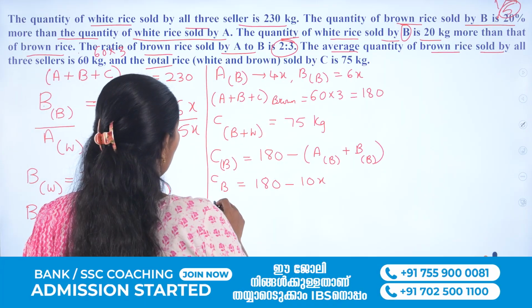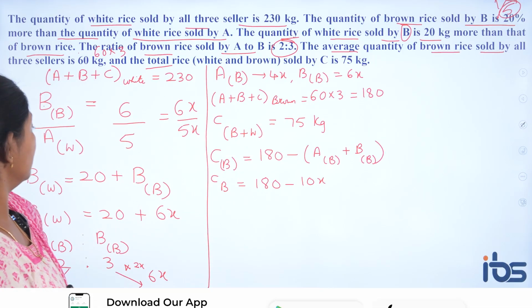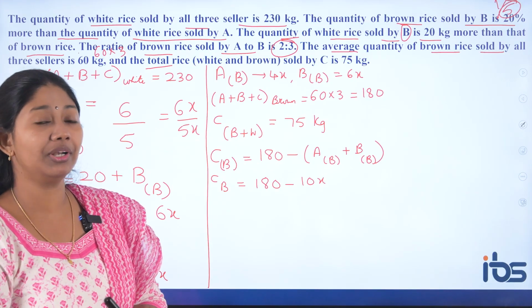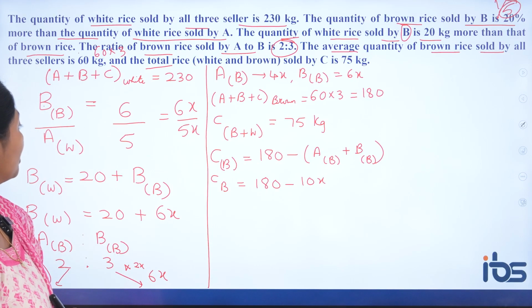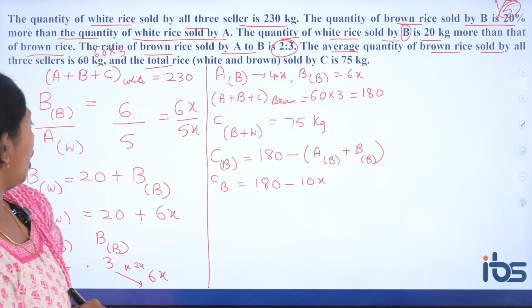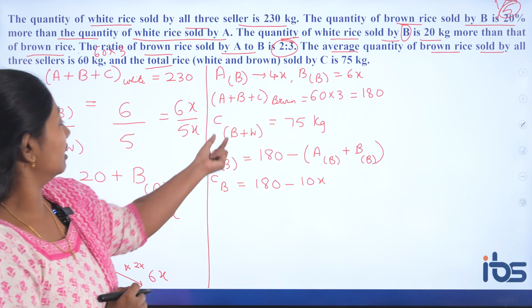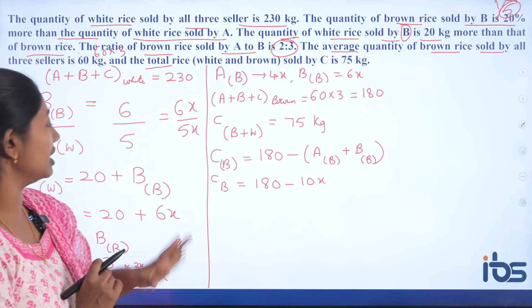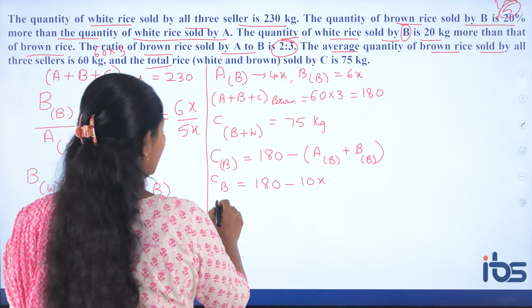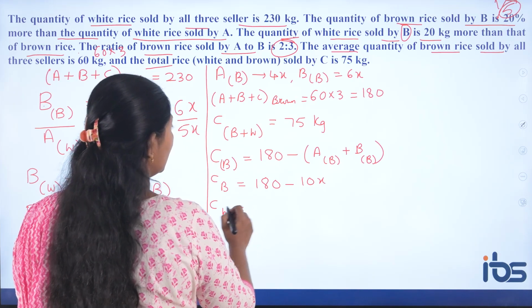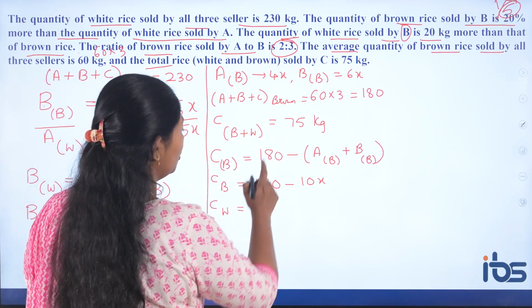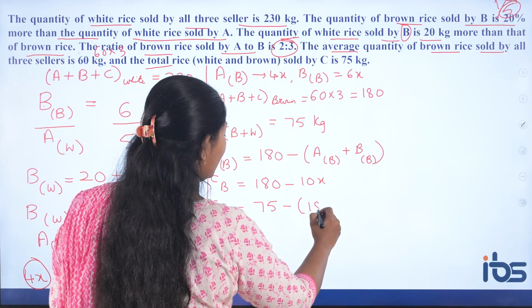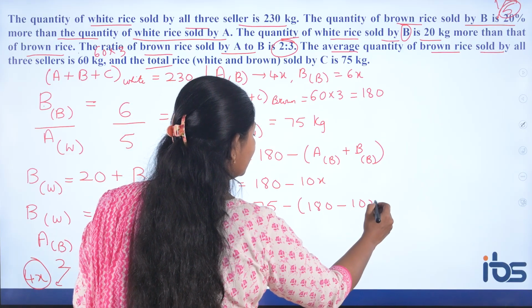Now C seller's white rice we need, because if we know C seller's brown and C seller's white, we can equate it to 75. So C's brown is this thing. C's white is very easy to get, because C's total value is 75 minus 180 minus 10x.